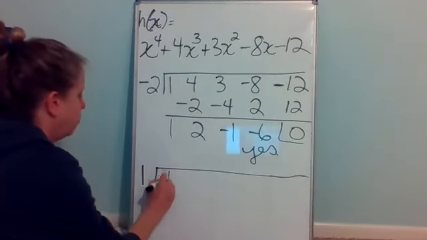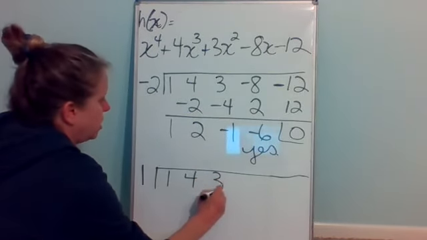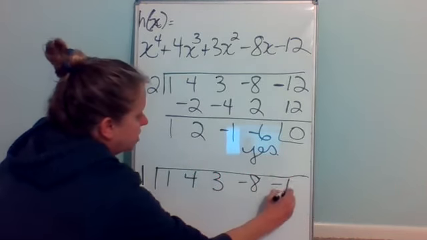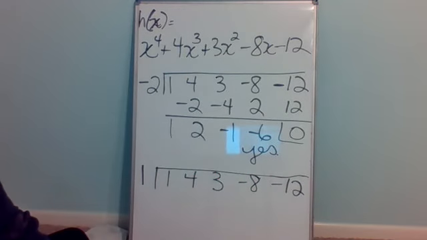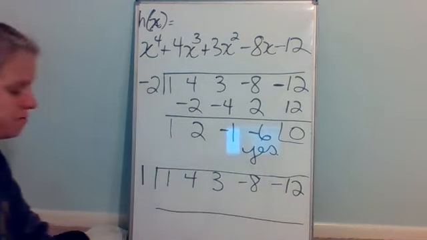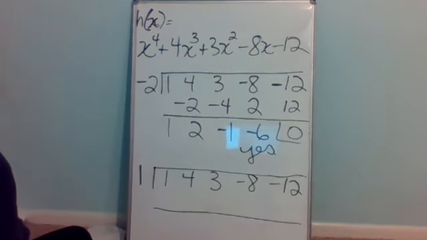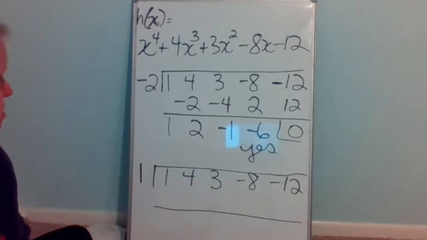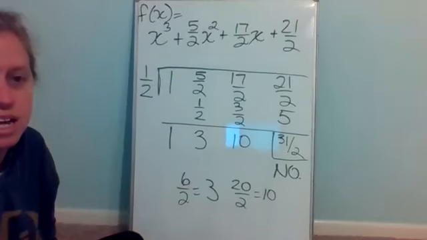Same coefficients. 1, 4, 3, negative 8, negative 12. Okay, try this one. I'll pause the video for a second. Try this one to see if 1 is a 0.